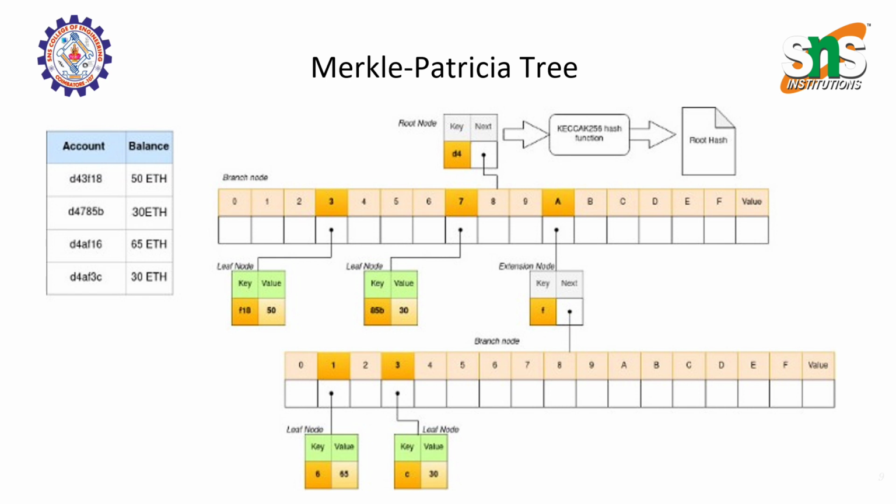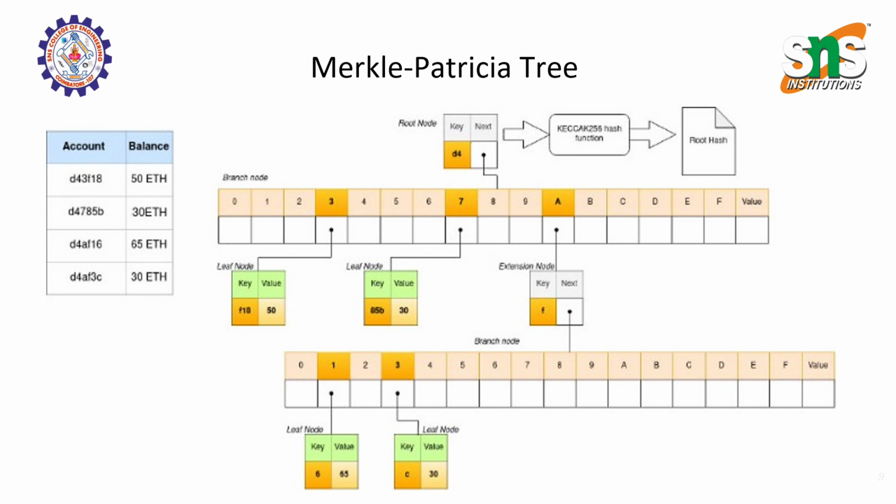This is the table which represents the transaction details in the particular account. So we are going to represent these details in the form of Merkle Patricia tree. So let us start from root node. Root node and next is branch node, leaf node and extension node.